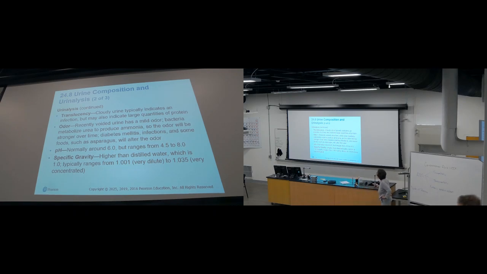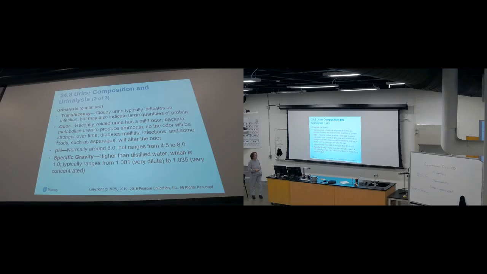If that happens, the person may have a lot of nitrogenous wastes, and that can be due to several factors, including diabetes mellitus, the ingestion of certain foods, such as asparagus, that will alter the odor, or in general, since males have greater metabolism of muscle and nitrogenous wastes, they tend to have a stronger smell of ammonia in their urine.